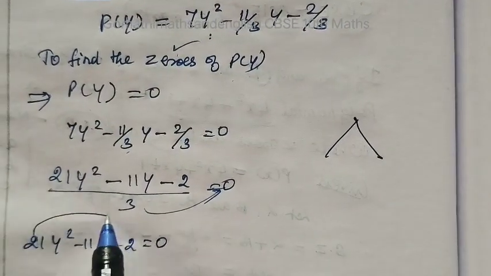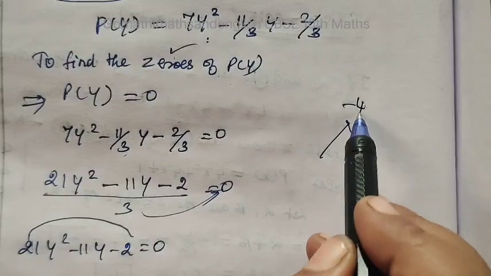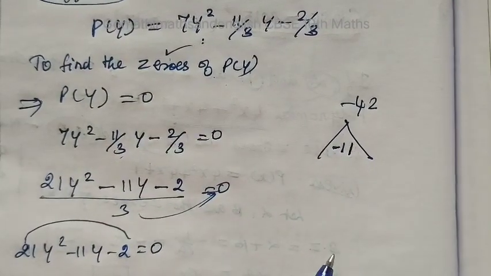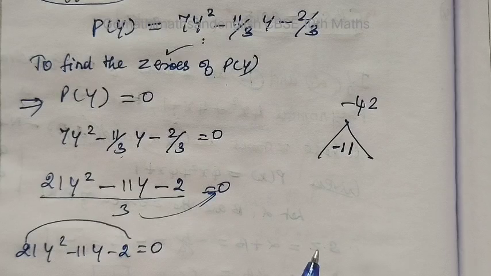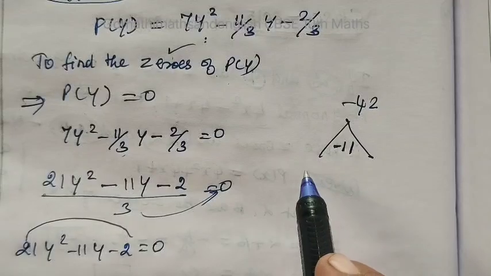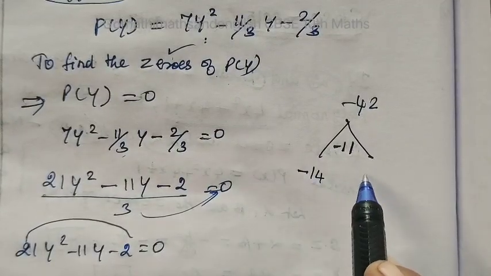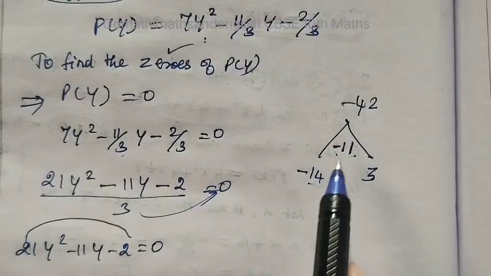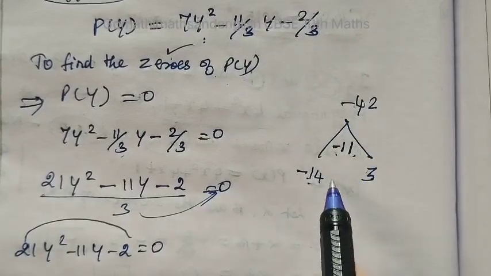So when you multiply you are getting minus 42, and in the middle minus 11. So you can take minus 14 and 3. Minus 14 plus 3 is minus 11, and when you multiply you get this one.